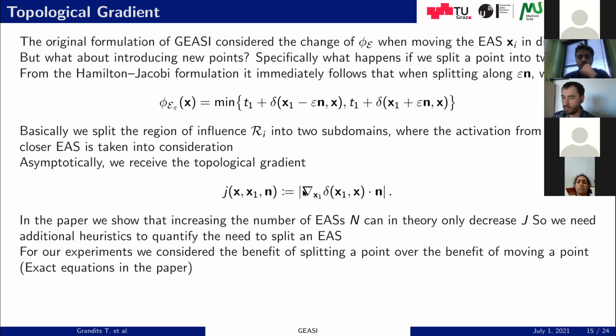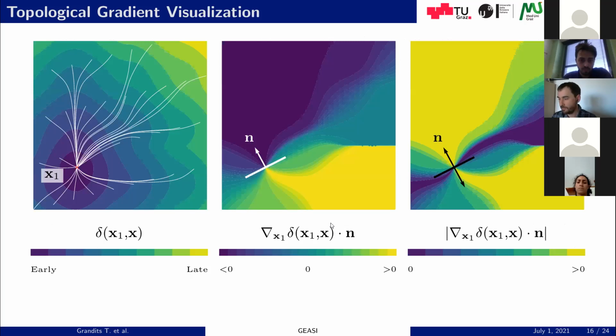With the topological gradient, you now have a differential that tells you how much benefit you have for splitting in comparison to just moving a source point. And here you can again see the figure from before, but now you can also see the topological gradient. Since you have the absolute value, every point will just receive a smaller timing, because you move closer to all the points on the domain.